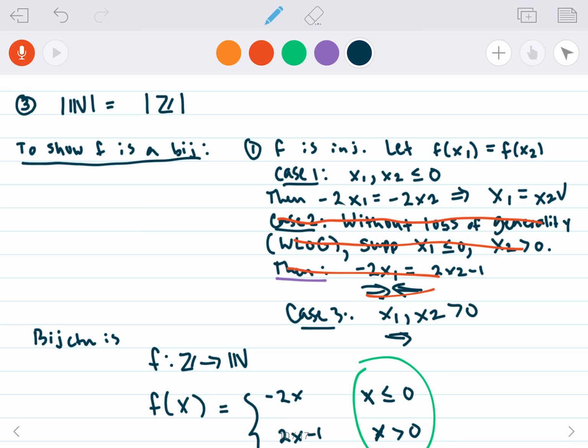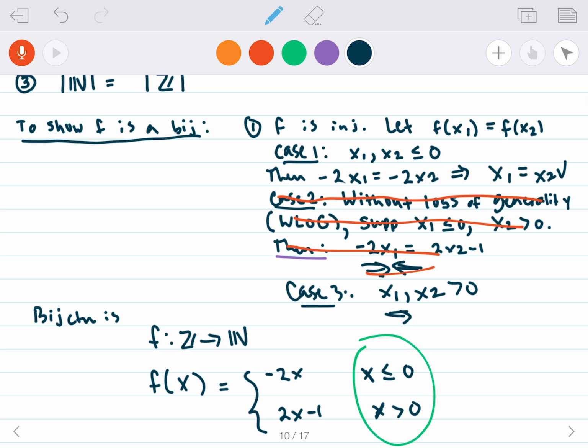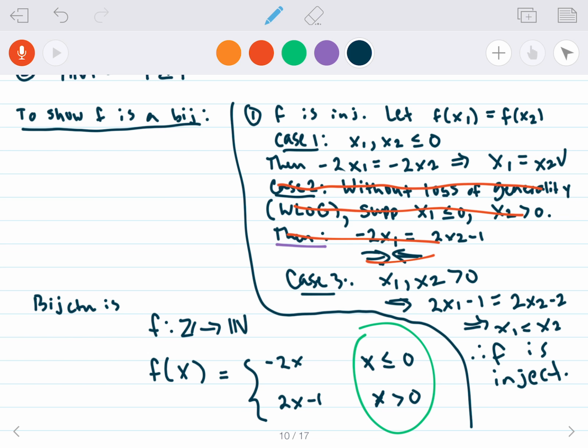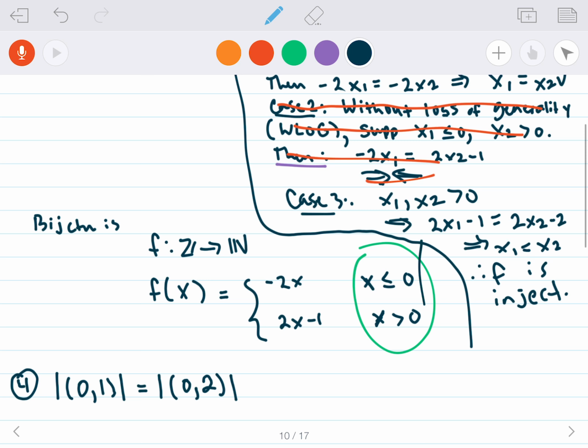And that means that when f of x1 equals f of x2, we have 2x1 minus 1 equals 2x2 minus 1, and you can easily show that this implies x1 equals x2. So in any case, f is injective. Okay, and so as an exercise, you should show that f is surjective to complete the proof.